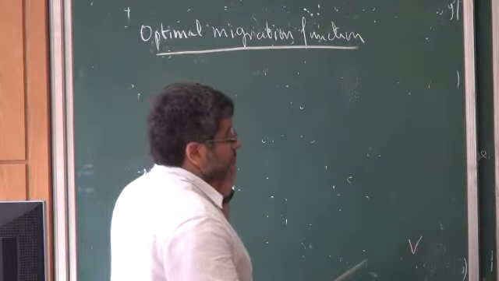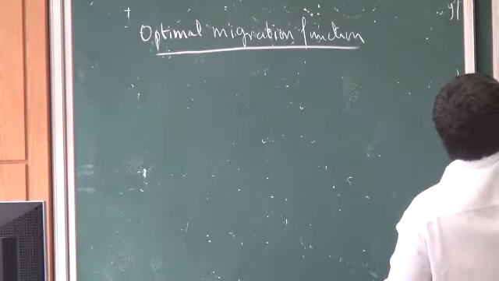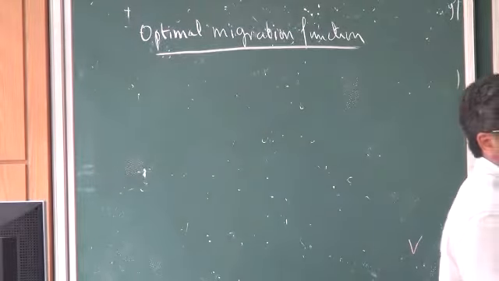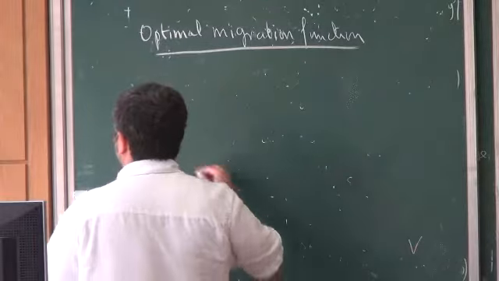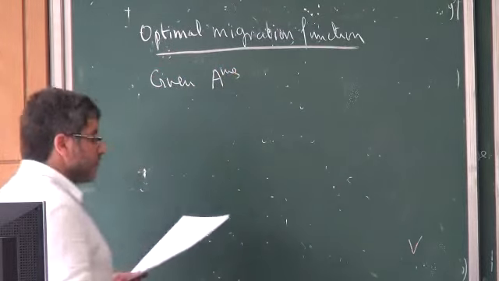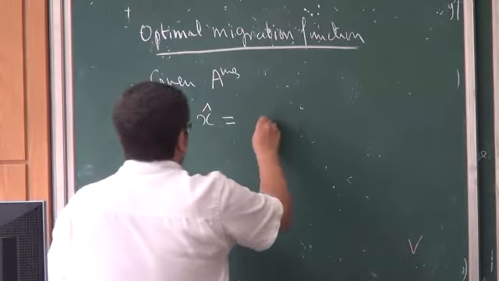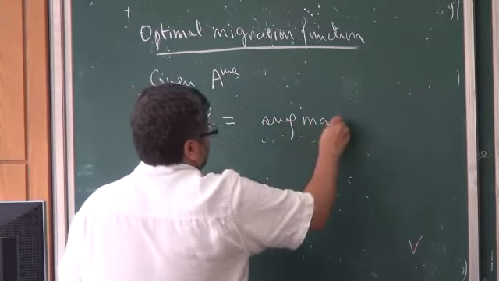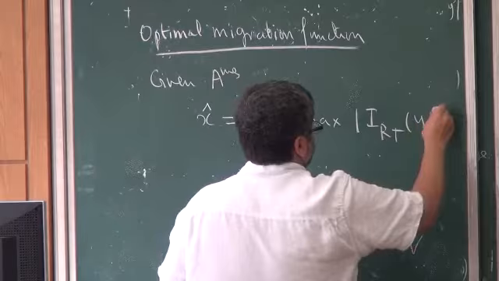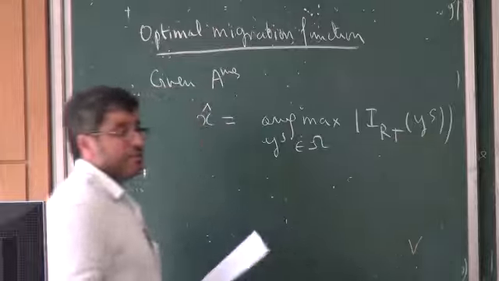So the statement is the following: among all of these weighted subspace migration algorithms, given the MSR A measurement, the estimator X hat equal to the argmax of the reverse migration of Y in the search domain.